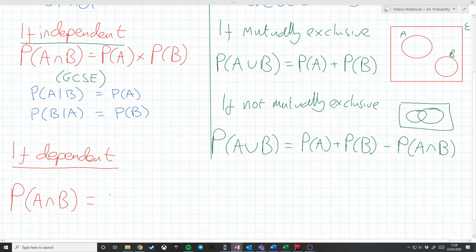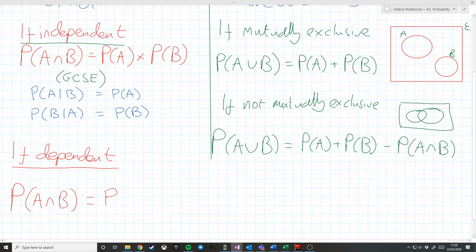If they are dependent, we get a very similar formula to above, but it's now this formula instead. I'm going to make sure it matches up with the way that it would be written. So the new formula, if they are dependent, is this.